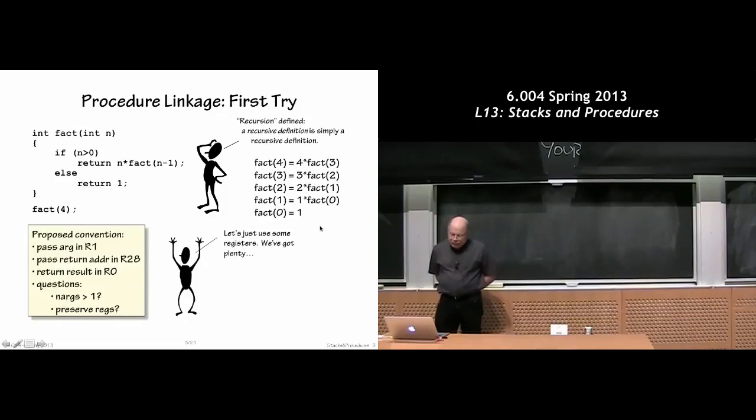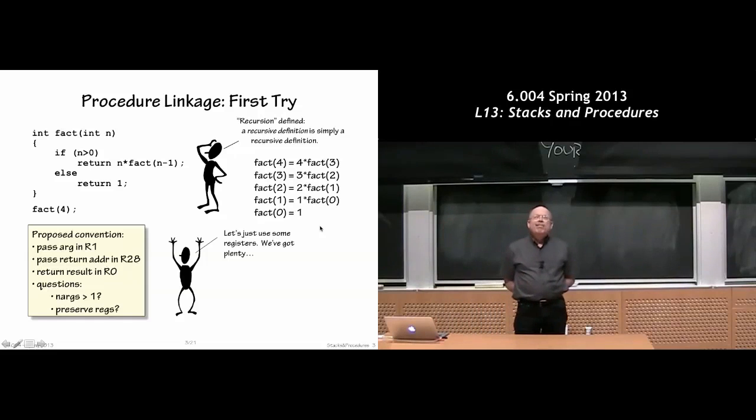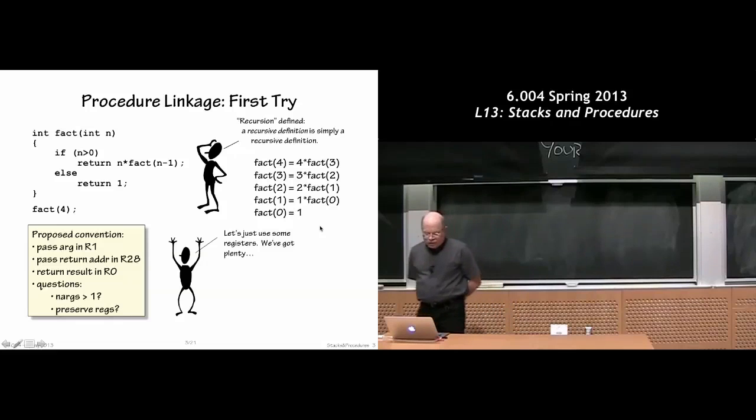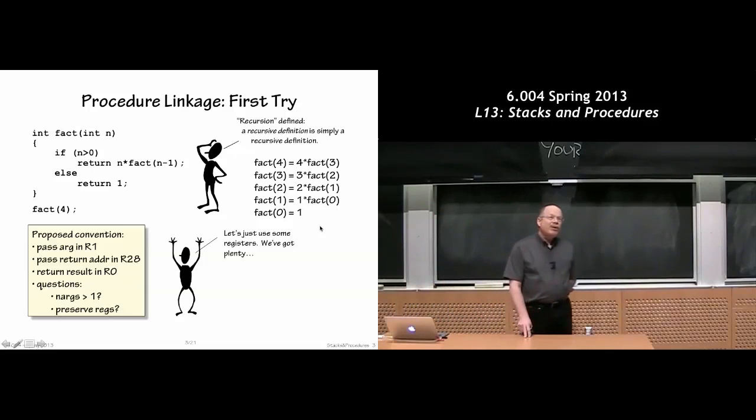Okay. So let's try a very simple set of conventions, and these will actually fail on a variety of fronts, and we'll debug that, and we'll come up with a more sophisticated strategy for compiling procedure calls. But we have lots of registers, so why don't we just use registers? Programmers can always invent whatever conventions they want, particularly around the use of registers, because they're there for you to use.